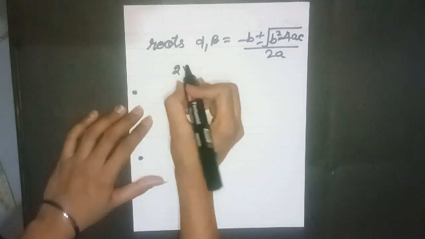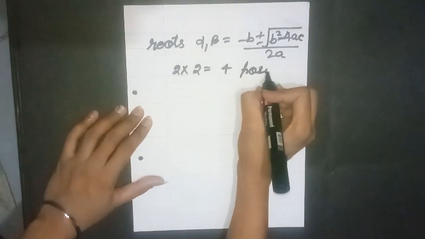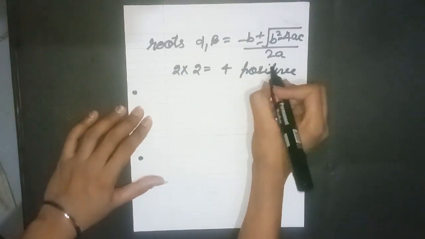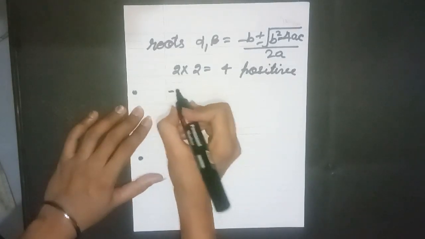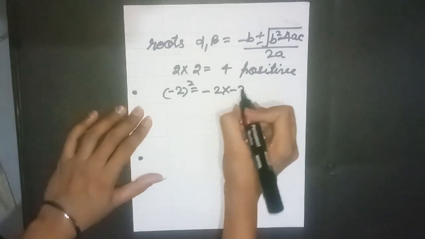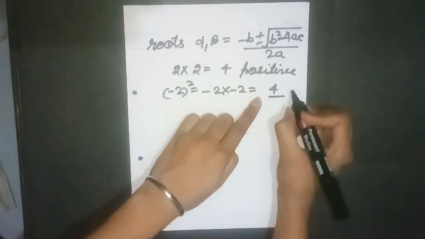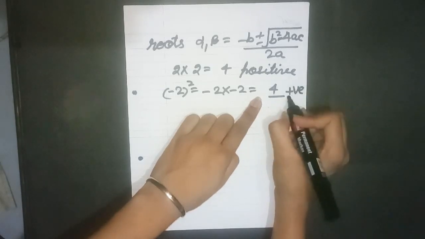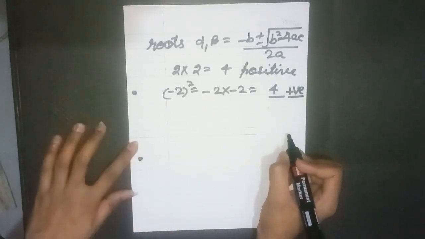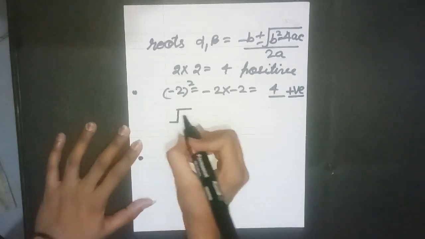So let's take an example. 2 square is equal to 4, which is positive. Got it? And square of minus 2 is also equal to positive 4. Got it? Now you know that square of any number cannot be negative. But let us take another example.